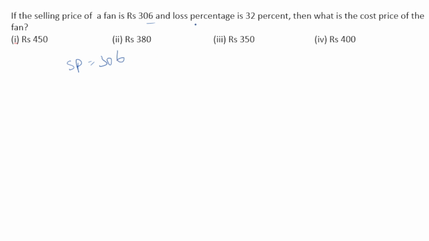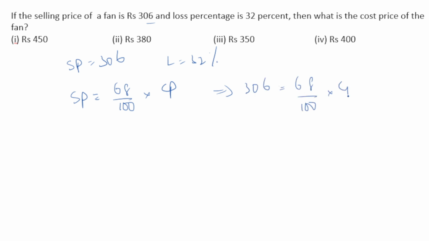Next one, if the selling price of a fan is 306 and the loss percent is equal to 32%, then what is the cost price of the fan? Selling price is equal to 100 minus 32, it is 68%, 68 divided by 100 into cost price. So here 306 is equal to 68 divided by 100 into cost price.